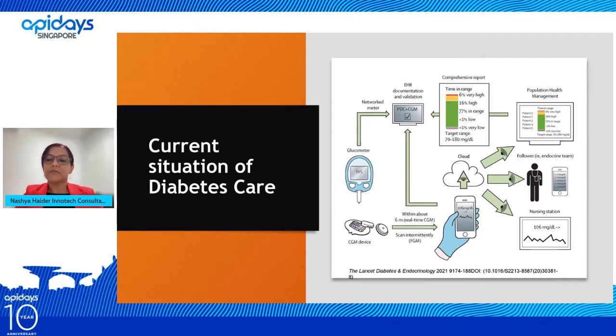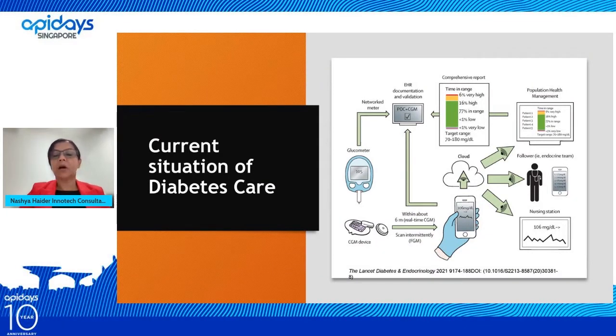The comprehensive glucose reports are then uploaded to a chart so that the medical practitioner or yourself, you're able to see whether you're within a target range between high and low. So you're able to monitor this on a continuous basis.